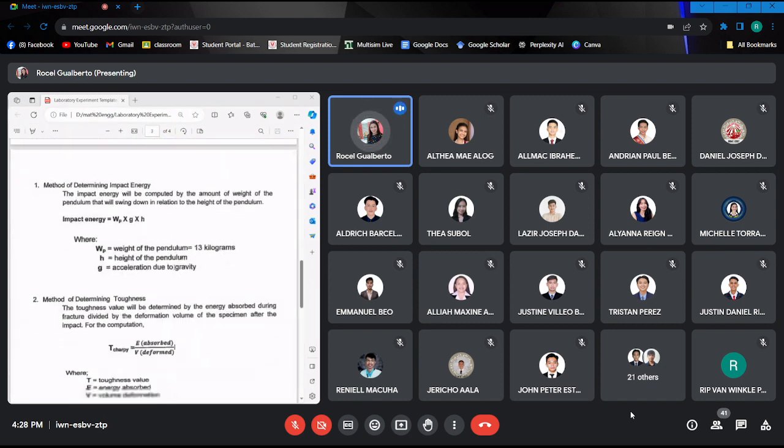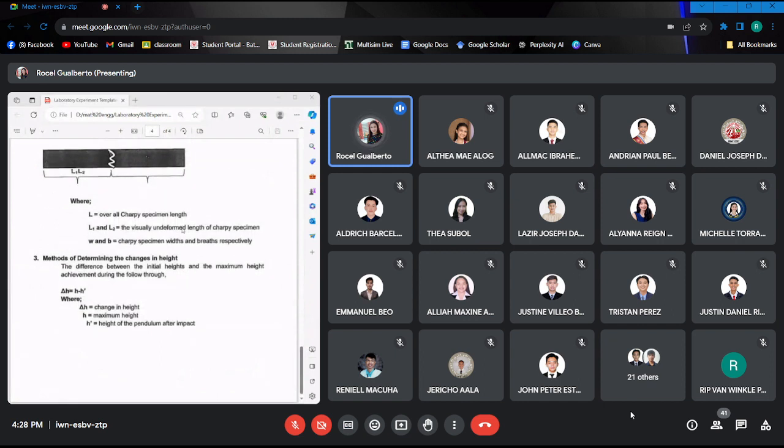First, the height. The initial height is h, corresponding to the 60, 90, and 120 angles, and then the final height. We need the video to see the final height, how far it reached. Our testing is quite fast, so we need to see it properly. That's why we use video, so we can go back to it.